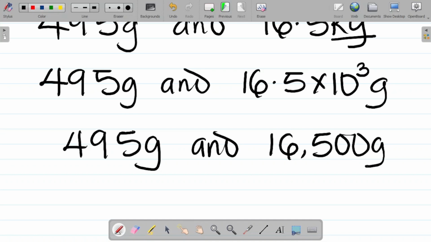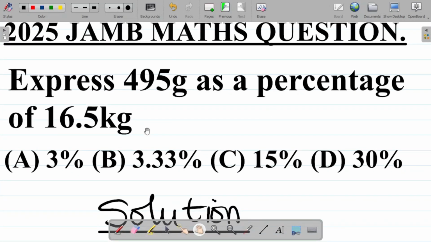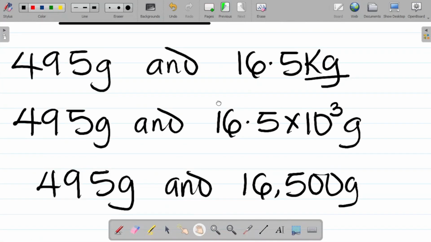All right, so they are asking us to express 495 gram as a percentage of 16,500 gram.